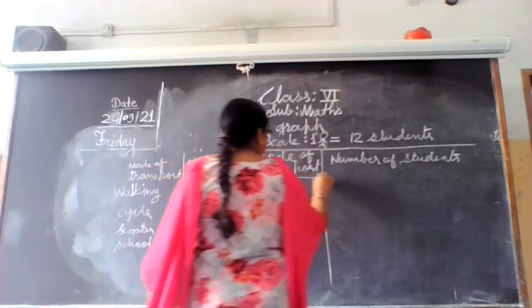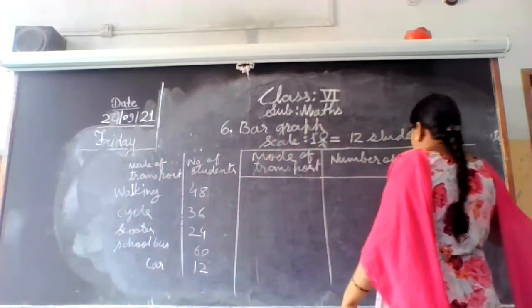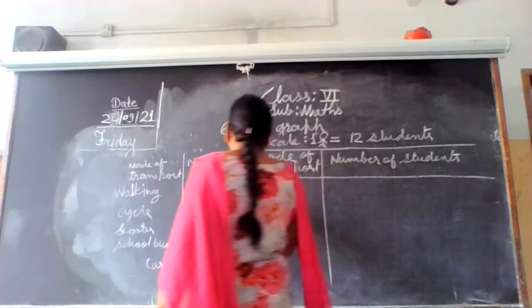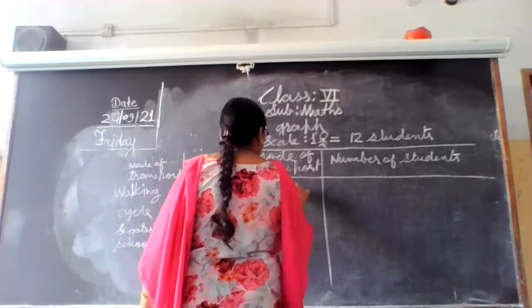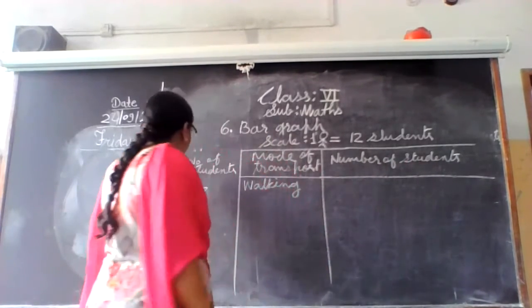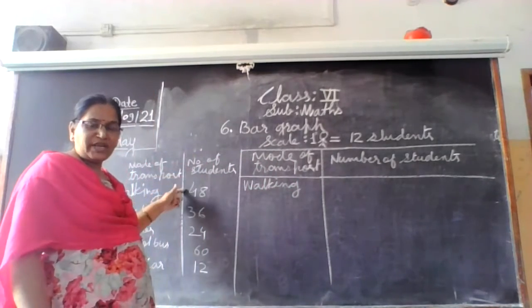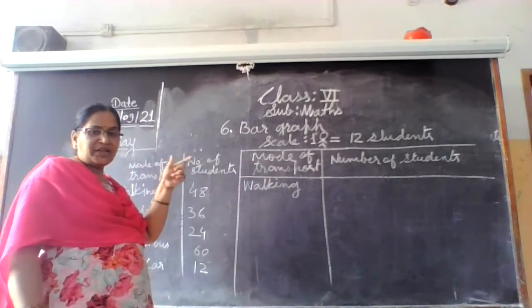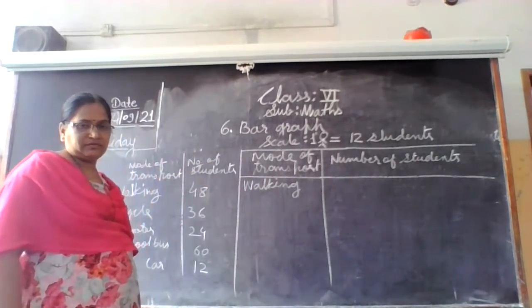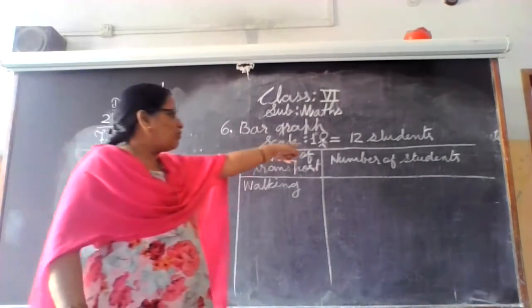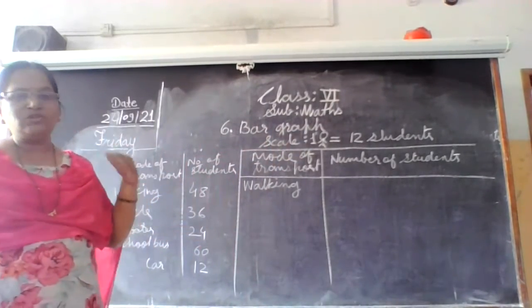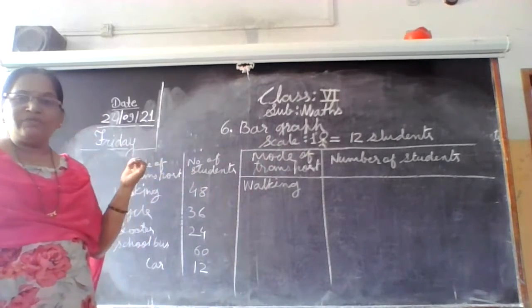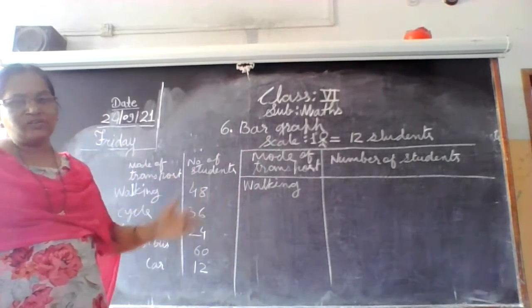Now you have the mode of transport. Walking. So how many students come by walk? 48. 48 divided by 12. Why? Because one symbol represents 12. So for 48, how many symbols do you have to draw? We will divide 48 by 12.